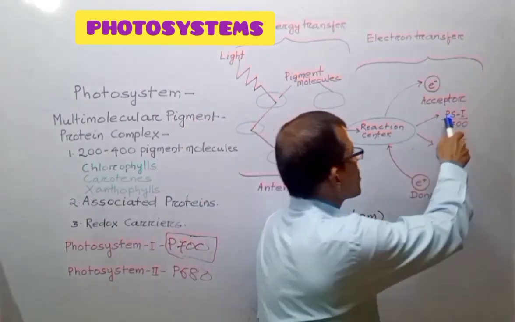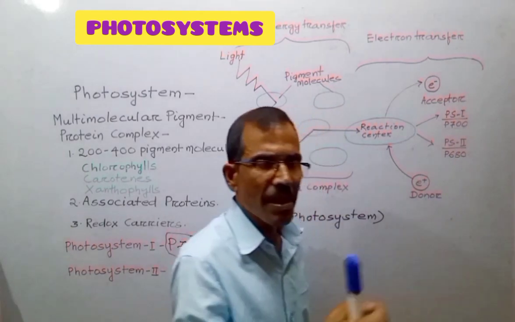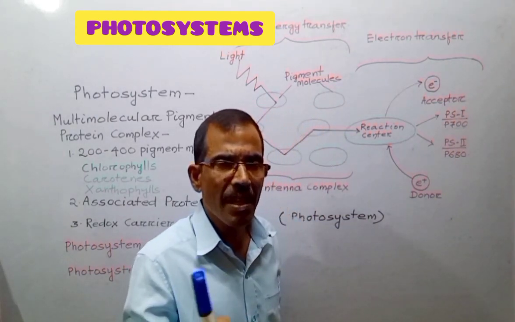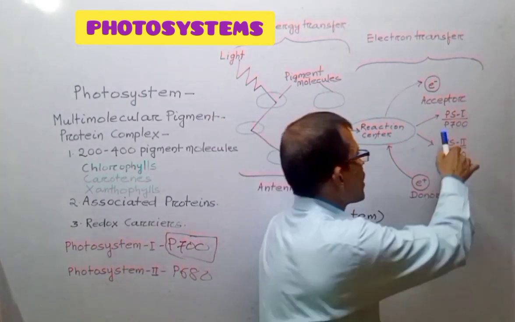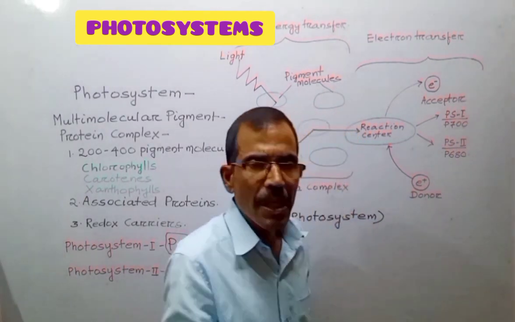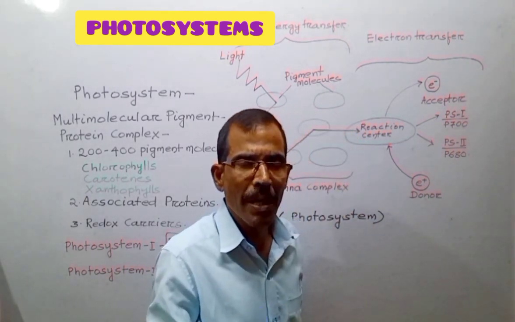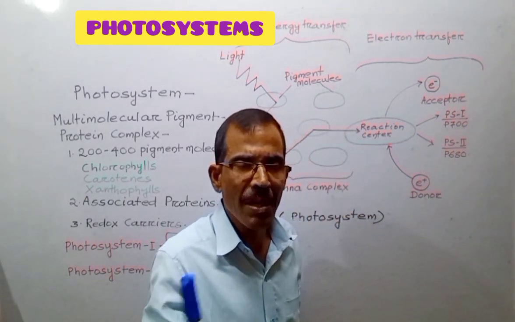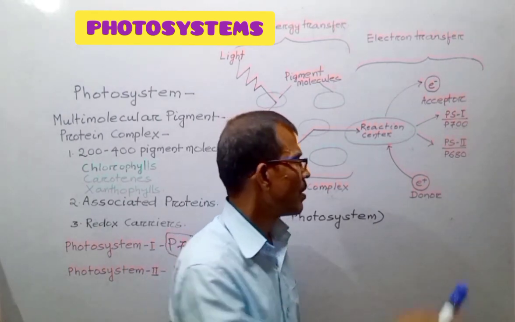In photosystem 1, the reaction center chlorophyll is designated as P700 because it absorbs maximum at a wavelength of 700 nanometer.